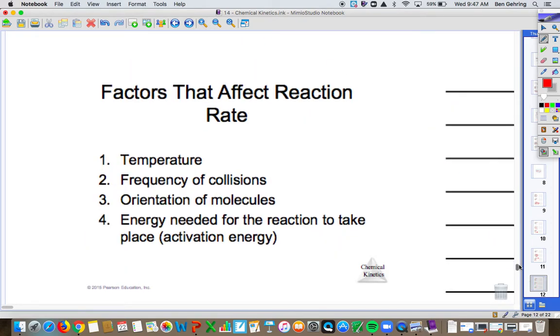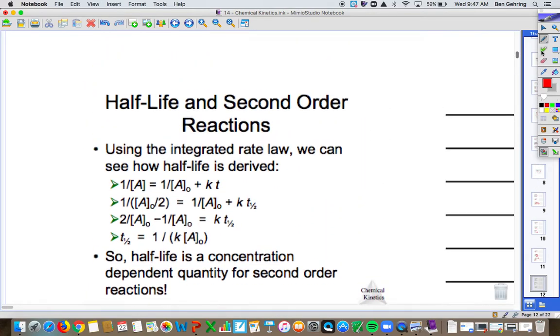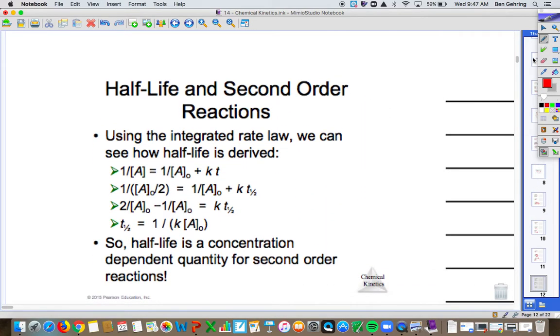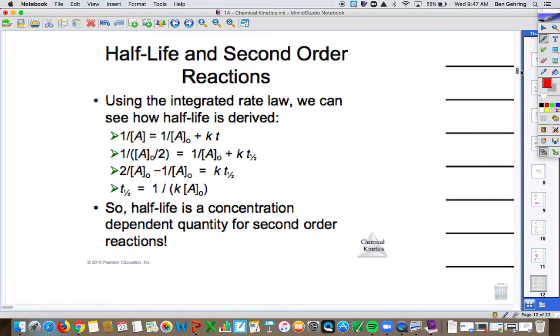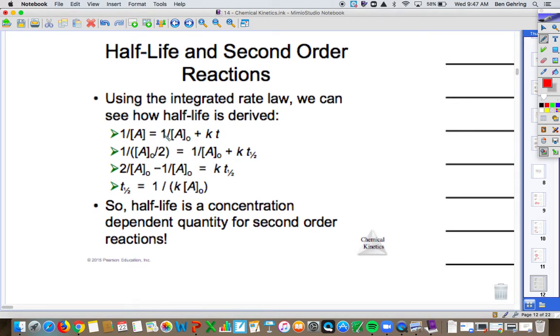All right, and the last little bit we're going to get to. We can also solve for half-life like we did with first order. So in the case of half-life, we're using this same equation, 1 over the concentration equals 1 over your initial concentration plus kt. And with a half-life, I need my initial concentration to be half of it.